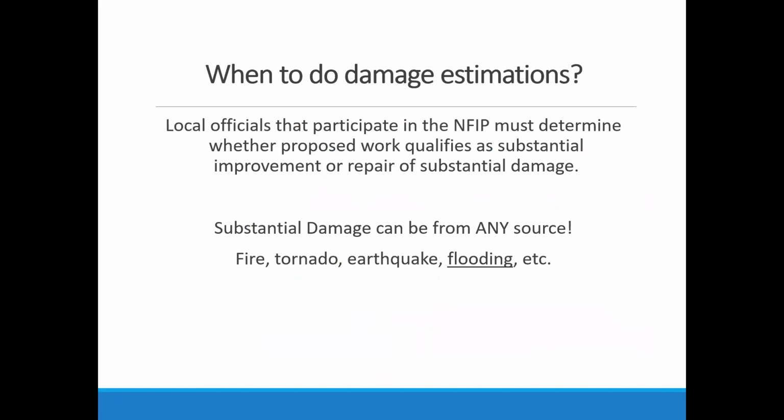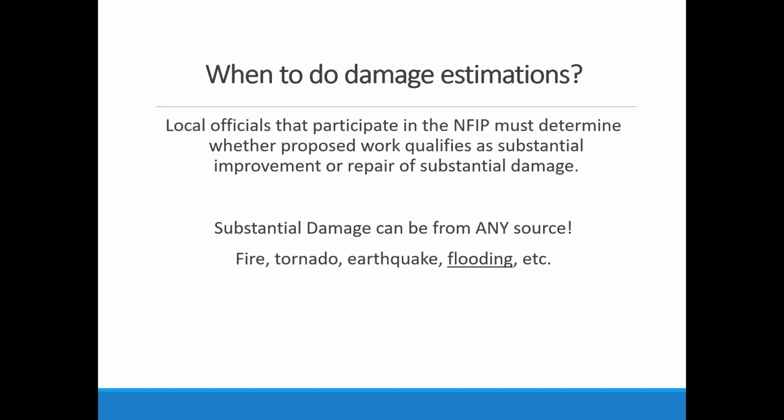Again, when do we do them? Anytime there's damage to structures that are in the special flood hazard area from any source. And so it's up to the local officials to determine whether the proposed work qualifies as substantial improvement, whether you are getting cost estimates from a licensed contractor, or however you're determining the cost of that.